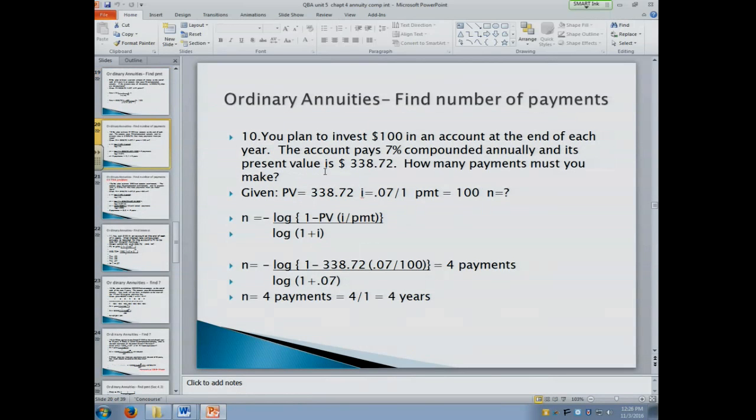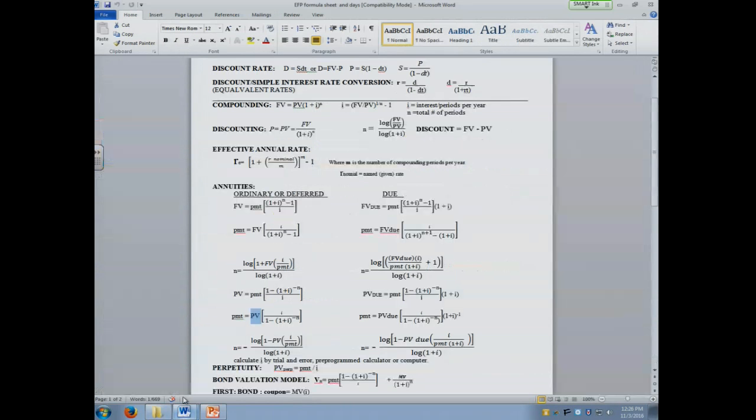Let's look at the same problem, but we have different unknowns and different givens. You plan to invest $100 in an account at the end of each year. The account pays 7% annually, and its present value is $338.72. How many payments must you make? Okay, so you're looking for n. I give you $100 as the payment. i is 0.07 divided by 1. And again, I give you the present value. There's 2 formulas to find the number of payments.